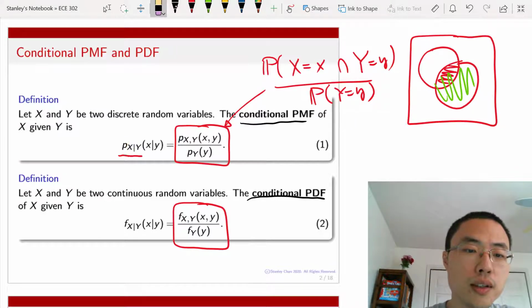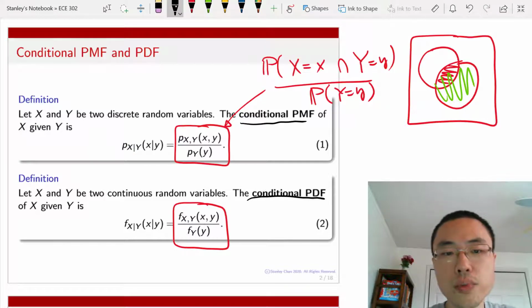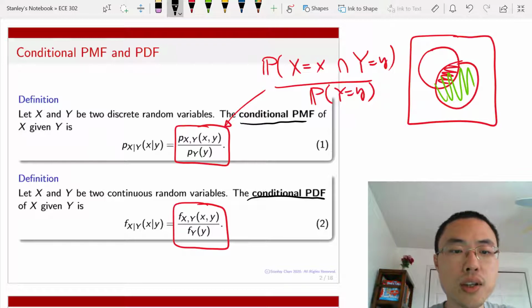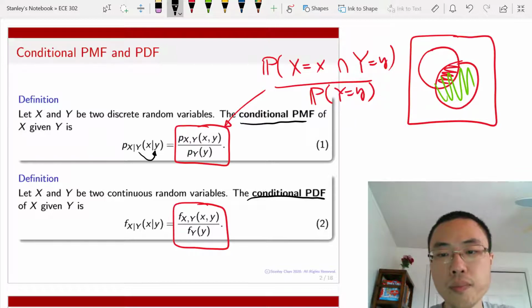If you are given a conditional PMF or conditional PDF, then you can calculate the probability that x belongs to a certain set A, given that y equals a value y.